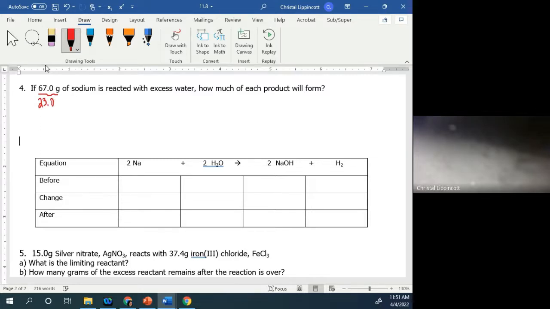So 67 divided by 23 is 2.91. They said excess, and we wouldn't have had any of this to start. So step 1 is turn grams into moles by dividing by the molar mass.